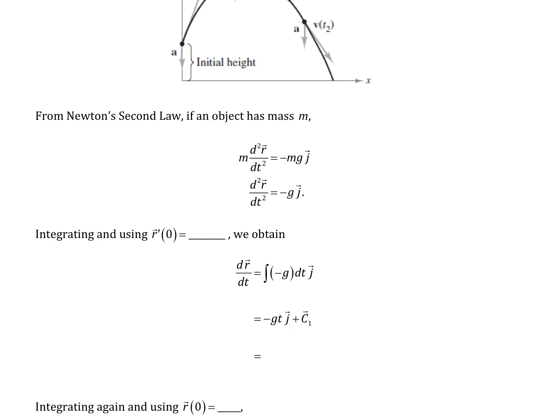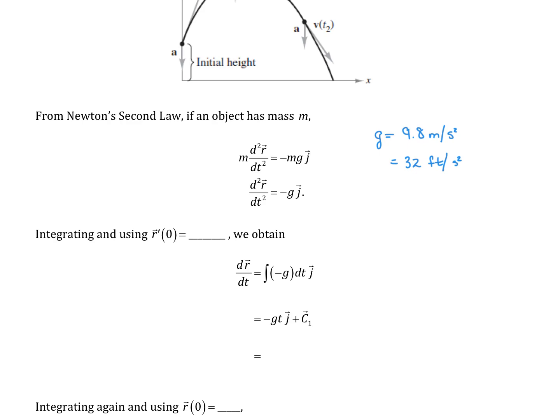From Newton's second law, we know mass times acceleration is going to be negative mg j hat. So negative mg is going to be the weight of that object, because g is our gravitational constant. We will use g equals 9.8 meters per second squared if we are in the metric system, or we can use 32 feet per second squared.